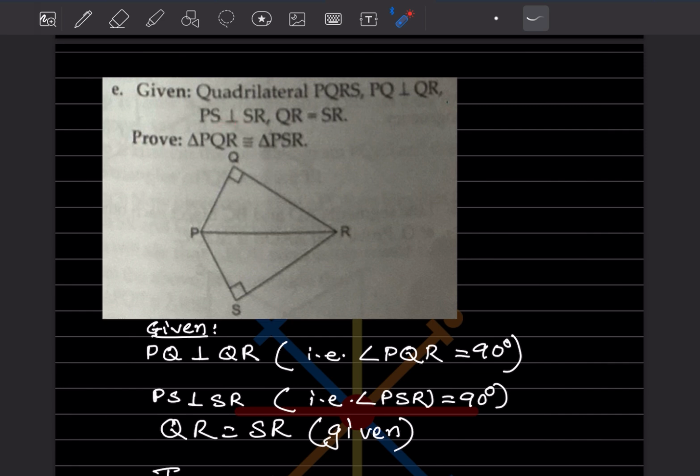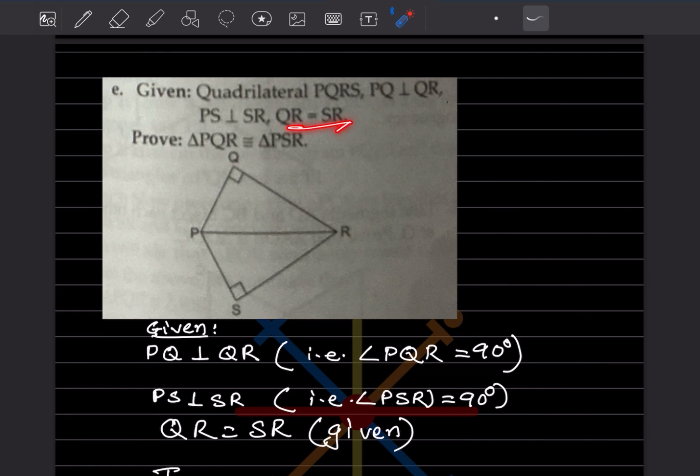And PS is perpendicular to SR, and PQ is perpendicular to QR. So this is perpendicular, that is QR. Now we have to prove that triangle PQR is congruent to triangle PSR.